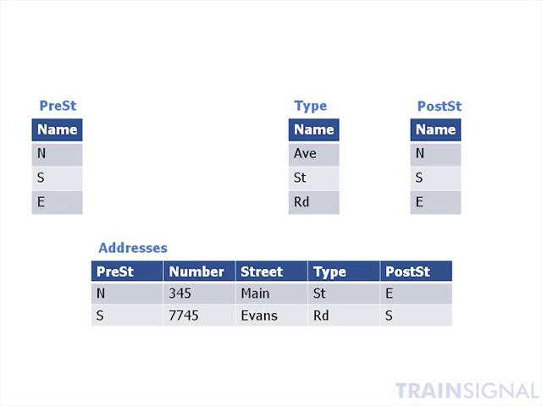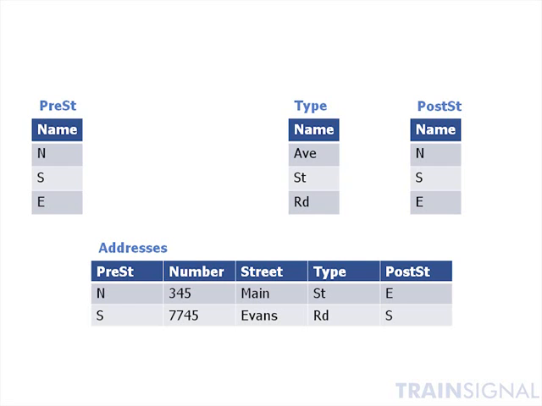And it's going to say, hey, you can only use avenue, street, or road. You can't use anything else. We're not allowing those values. It might even present that information in a drop-down list box so that someone cannot accidentally enter an invalid type of street.